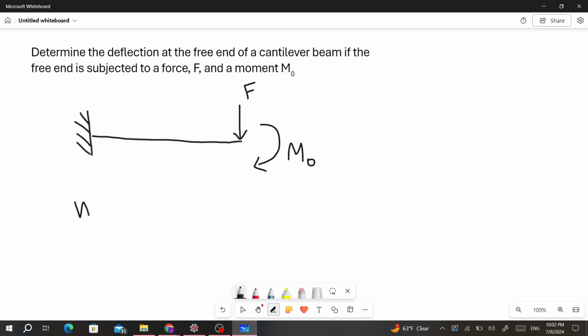So just to remind, we know the following. From F, the deflection caused by F at the free end of the cantilever beam is equal to negative FL cubed over 3EI.